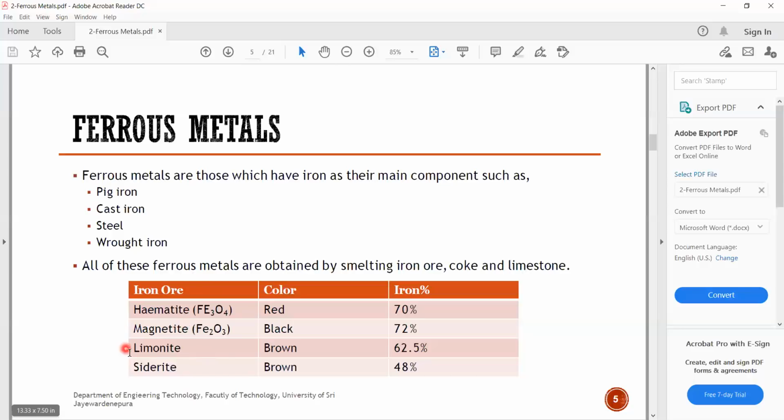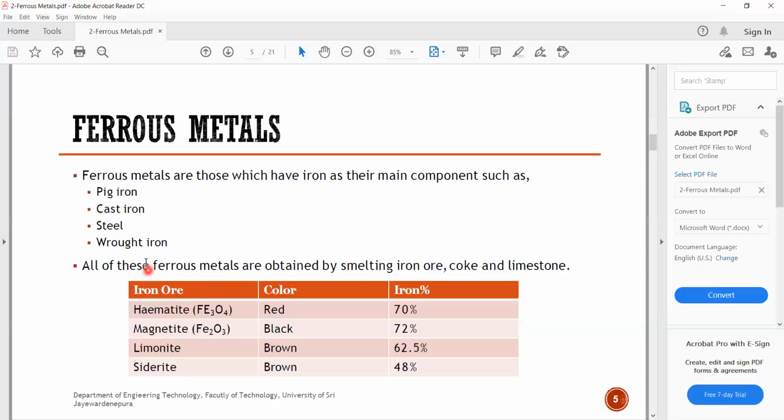they take this hematite or the magnetite from the earth, and then they do a smelting process in the furnace using this iron ore plus coke and limestone. Through this chemical process in the furnace, they extract that ferrous metal from the iron ore.